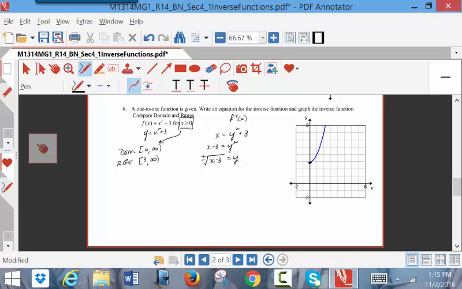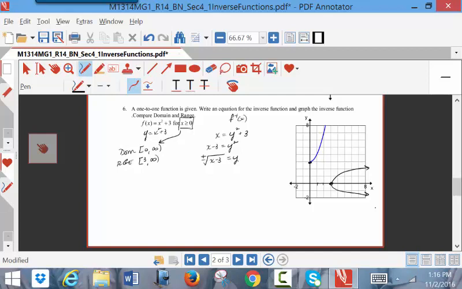Now, if I graph this, the square root of x minus 3, you know what the square root of x looks like? This is to the right 3. So 1, 2, 3, it's right here. And it should look something like that. But the plus minus in front of it puts the top part and the bottom part into the picture. So do I have just the top part, or just the bottom part, to be a reflection of the original function over the line y equaling x?